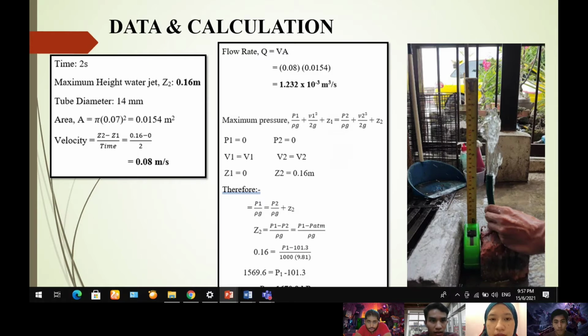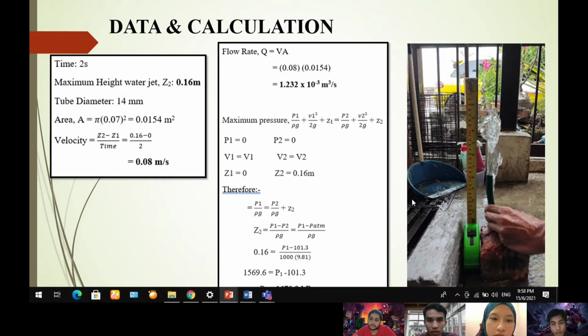Next, data and calculation. The time taken for the water from the ground to the water jet is 2 seconds. The maximum height of the water jet is 0.16 meter. The tube diameter is 14 millimeter.